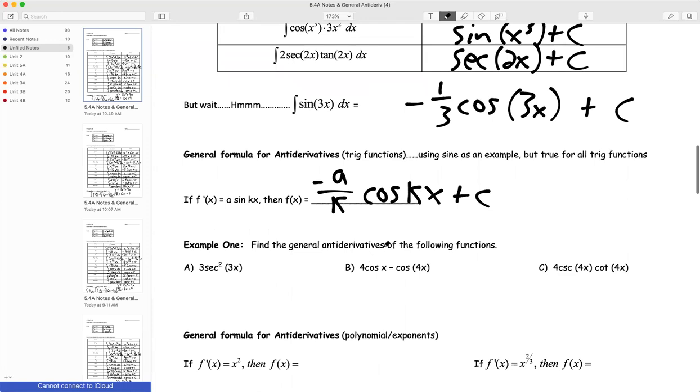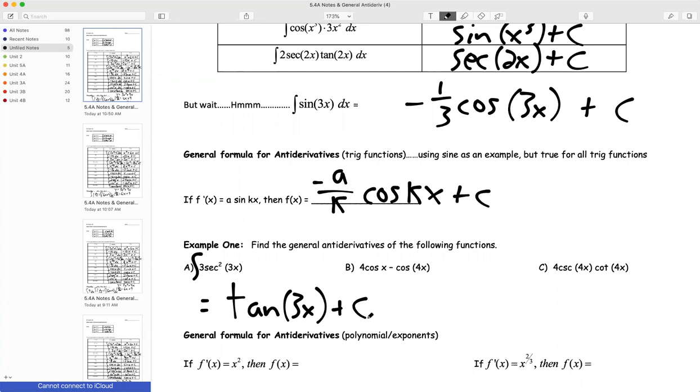It says find the general antiderivatives of the following functions, okay? So the antiderivative of secant squared of 3x is tangent of 3x plus c. And then I need to take what's inside the parentheses here, looking at the coefficient, which is my k in my formula.